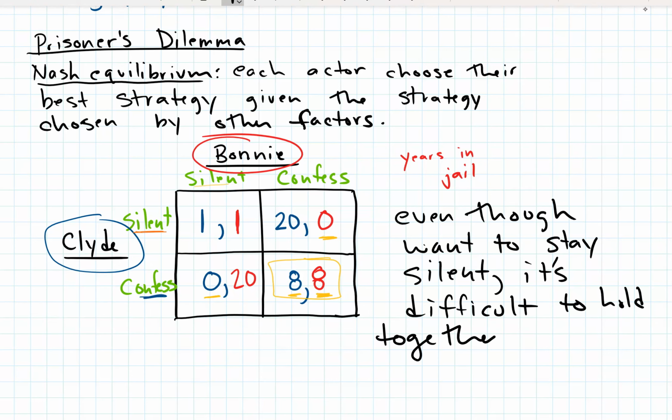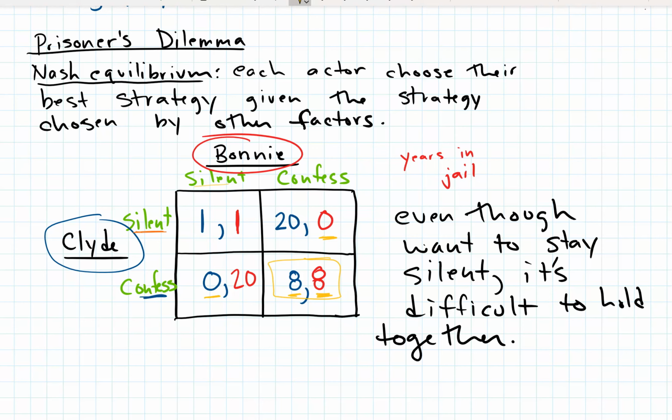And we actually find out in the real world this is true. Especially if they give something really good to the person for confessing, like get out of jail free and witness relocation, start a new life, even though you are being accused of really serious crimes. If they give something quite good to the person who does the confessing, then it can be difficult to hold this cooperation together, and that's what this tells us.